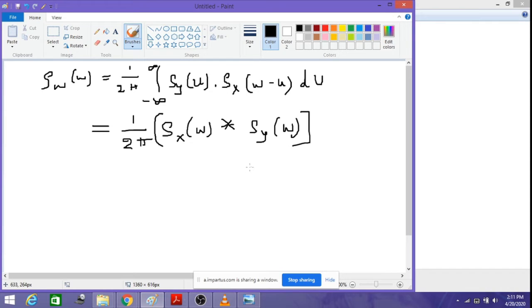So this is what we'll get when we multiply the two random processes in the time domain: we get the multiplication of the two correlation functions, but in terms of the spectral density it is the convolution of the spectral densities of X and Y multiplied by 1 by 2 pi. This can be seen as signal modulation and demodulation if you look into an application case.